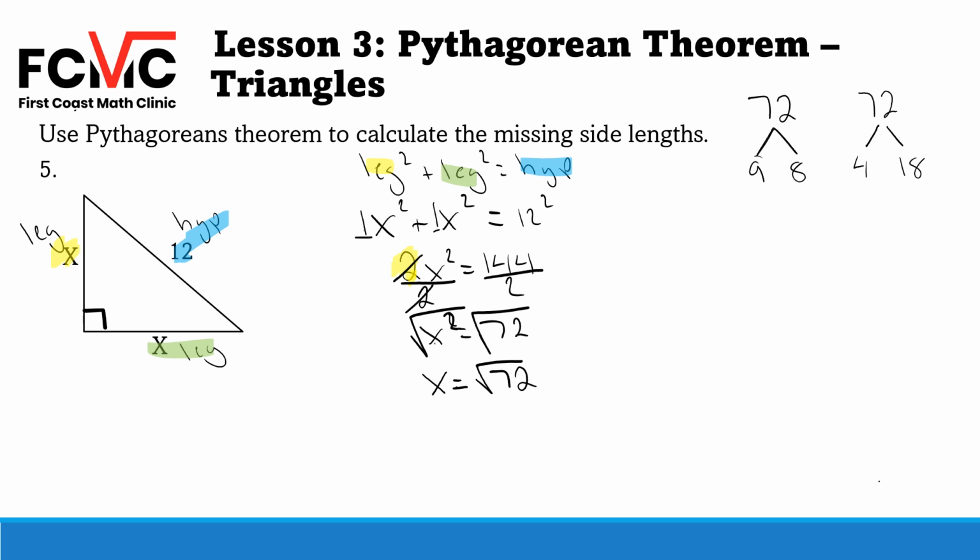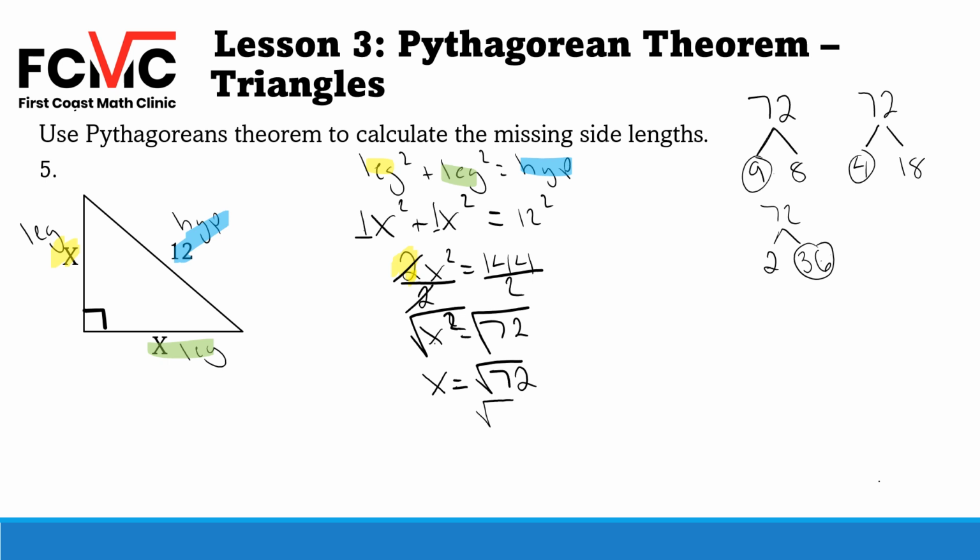Okay, so 9 is a perfect square, 4 is a perfect square. Let's see if we can do any better, right? So we want the largest perfect square that goes into 72. What if we do 2 and 36, right? So 36 is going to be the largest perfect square that's a factor of 72. So let's do these two factors, 2 and 36.